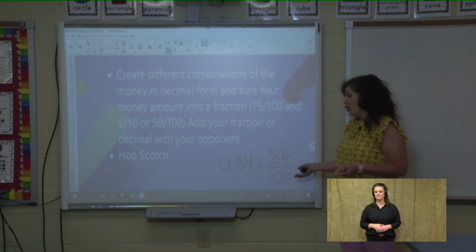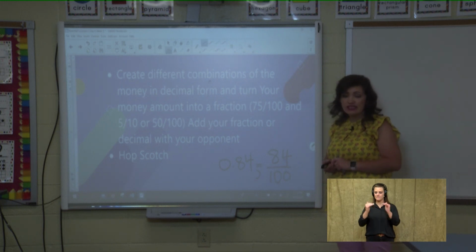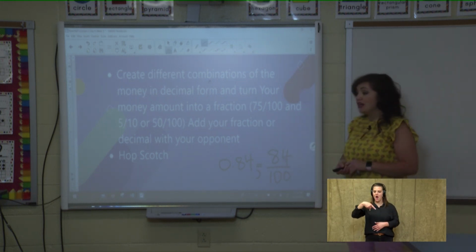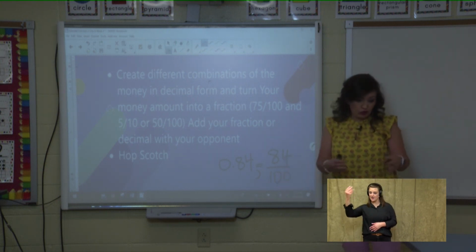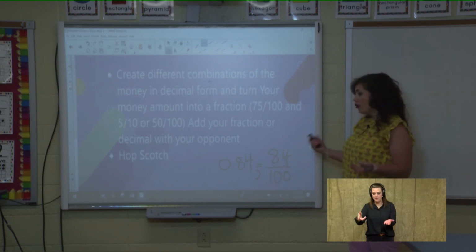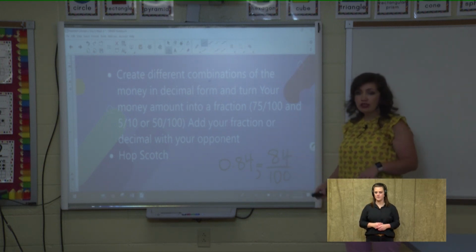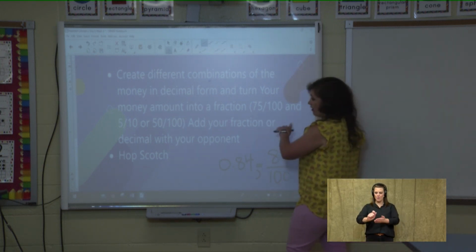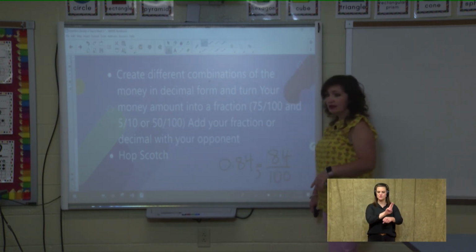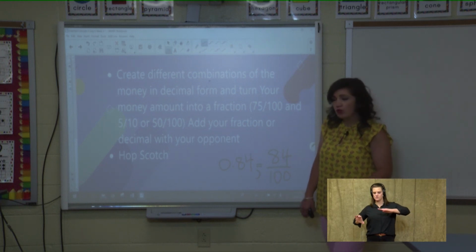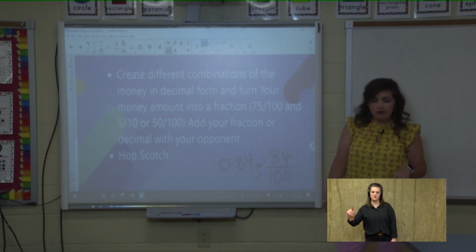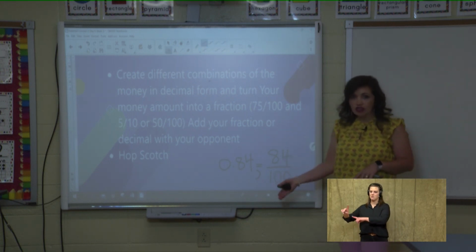Another way we could practice our fractions and decimals is playing a hopscotch game. You could go outside, or you could make a little hopscotch board on a sheet of paper and roll your dice. On your hopscotch board, all you need to do is write all kinds of different fractions with tenths or hundredths. Like I could have 6/10 for one, 8/10 for another, 14 hundredths for one, 56 hundredths for another.